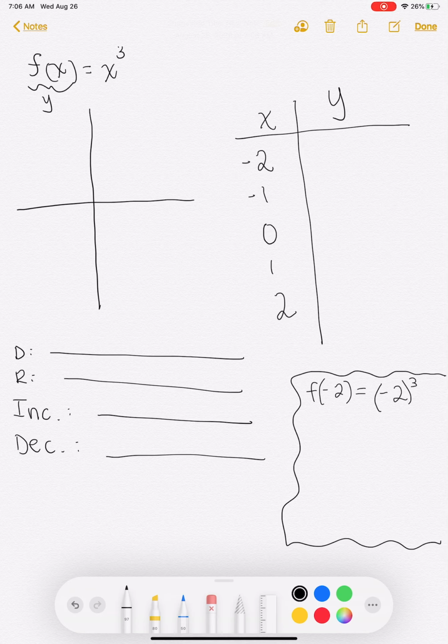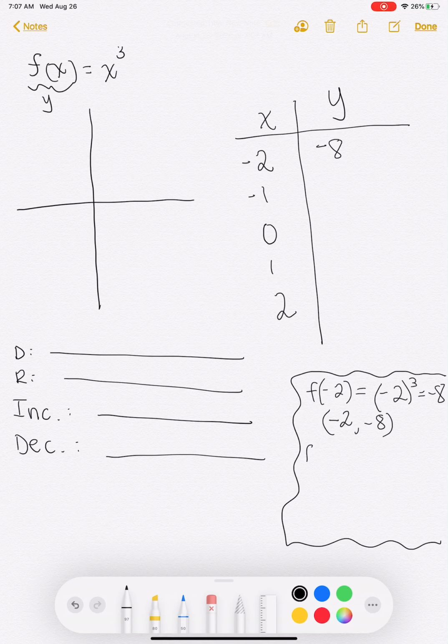So -2 times -2 times -2 gives us -8. A negative times a negative times a negative is a negative. So when we plugged in -2 for x, we got -8 for y.